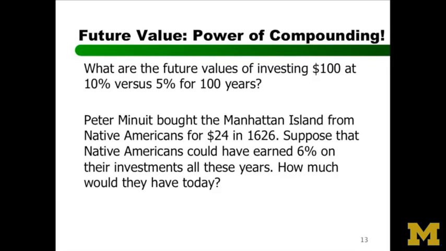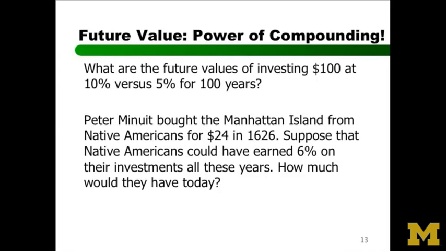Suppose the Native Americans had decided to sell the land and then taken the money of $24 and put it as a quote-unquote financial investment at about 6%. Why am I choosing 6%? Because it's neither too high nor too low, though we don't know what interest rates are likely to be in the future given what's happening now.